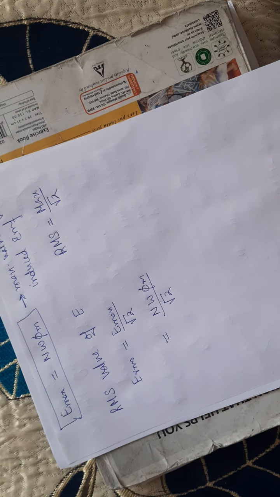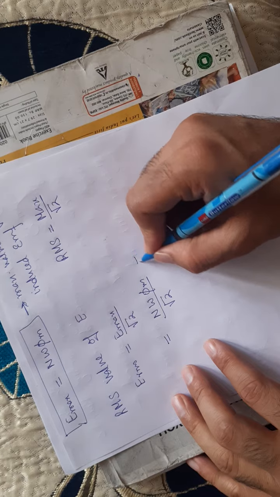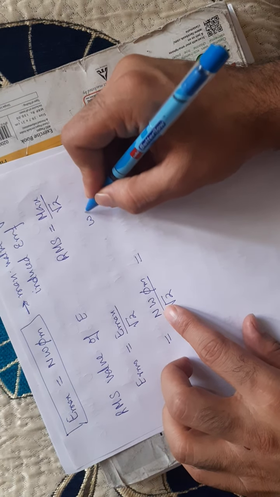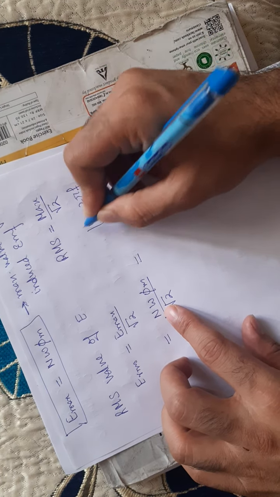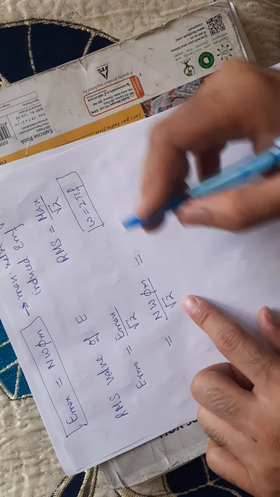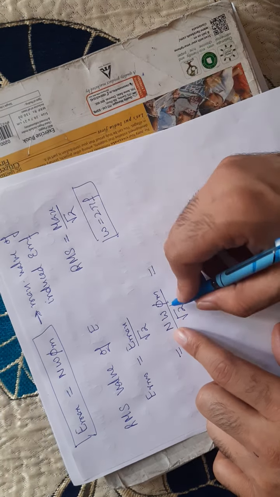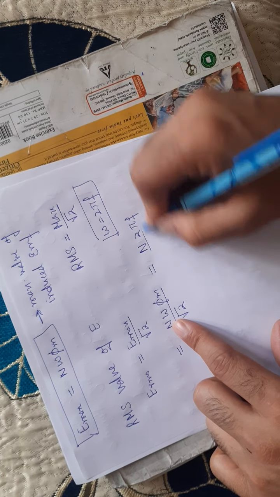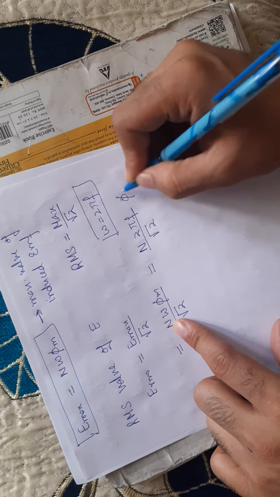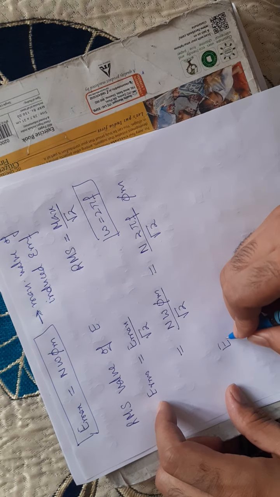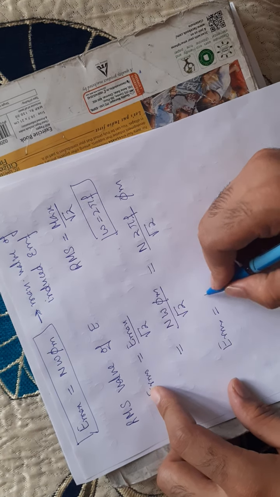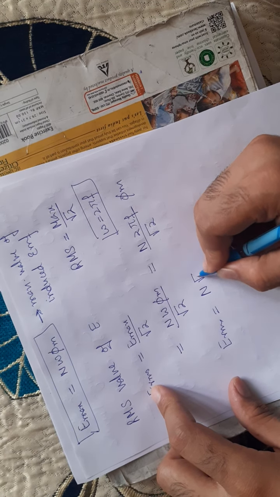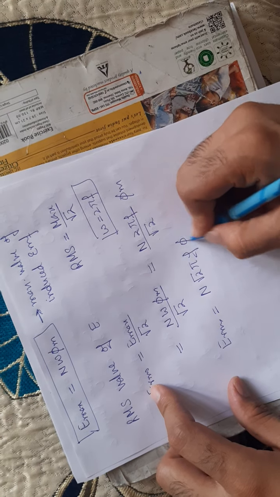What is omega? Omega is nothing but 2 pi f, the supply frequency, and f is equal to 50. So I write n into 2 pi f by root 2 into phi m. If you solve this, you get E RMS is equal to n into root 2 pi f phi m.